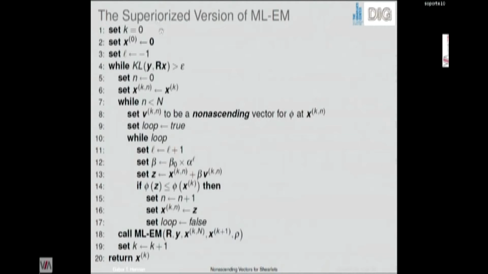So, as I told you, superiorization is a general procedure. All I did here was add the superiorized version of an algorithm called maximum likelihood expectation maximization. What is the maximum likelihood expectation maximization? It's an algorithm that has been published, an iterative algorithm, which guarantees you to get within epsilon distance, the Kullback-Leibler distance.